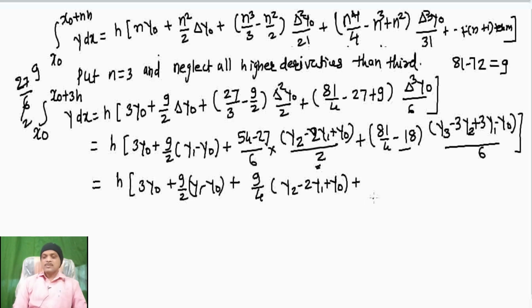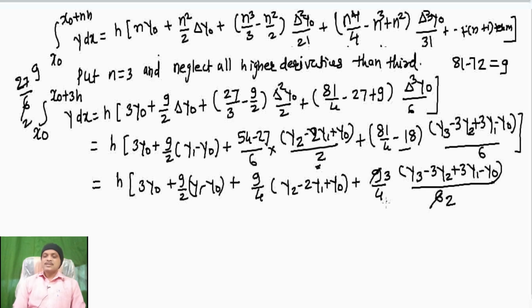So we now get 9 divided by 4 into y3 minus 3y2 plus 3y1 minus y0, divided by 6. Now 3 3s are 9 and 3 2s are 6. We get here 3 by 8.